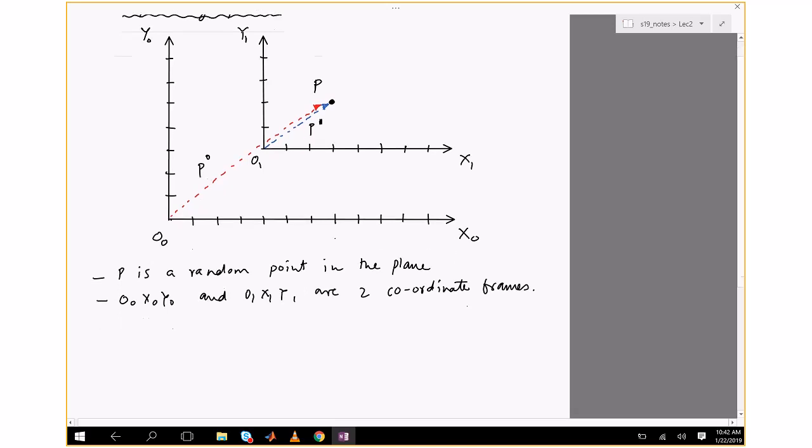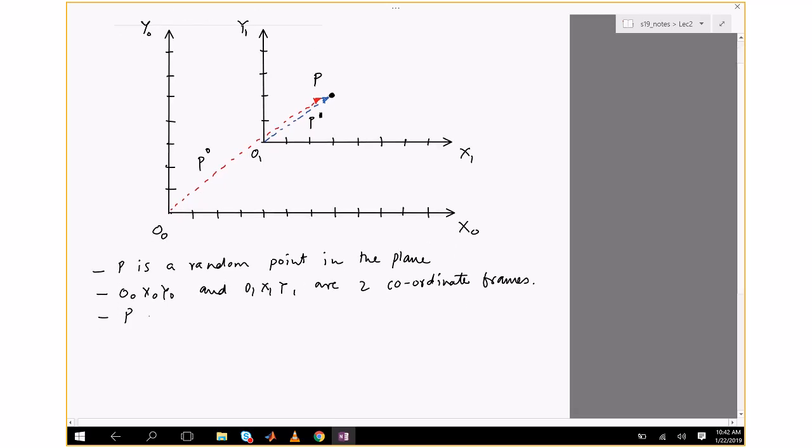Okay, so P can be represented in two ways. One is I would write it as P0. So that is trying to write the coordinates of P by using this origin.